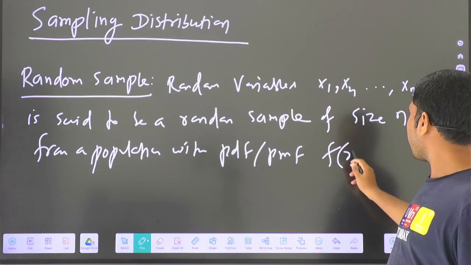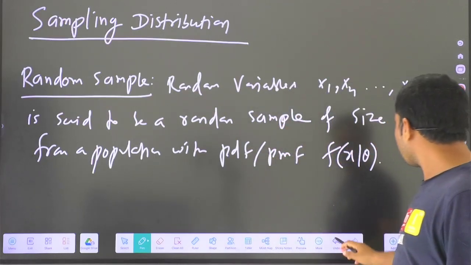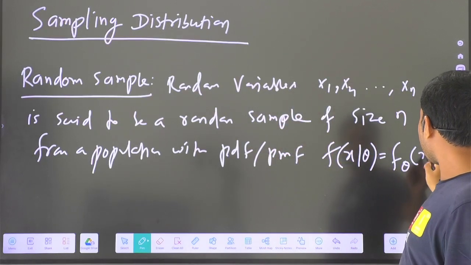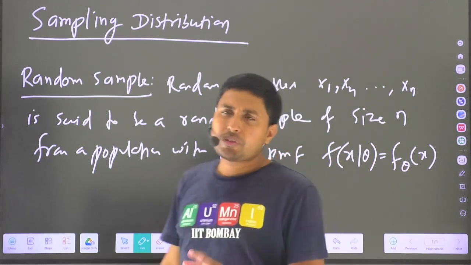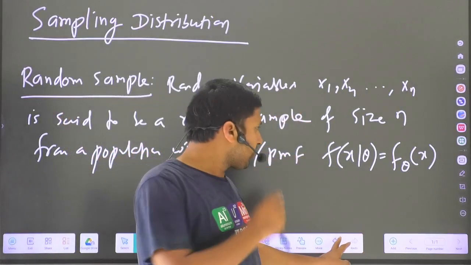You may write the notation as f of x theta, or usually I write it f theta x. So this is the PDF of the sample, the PDF of x1, x2, xn, all random variables.